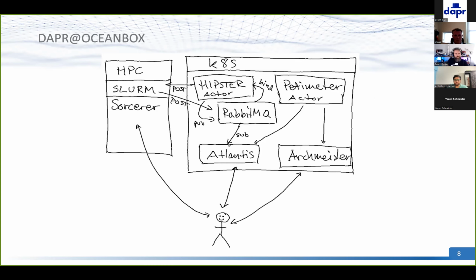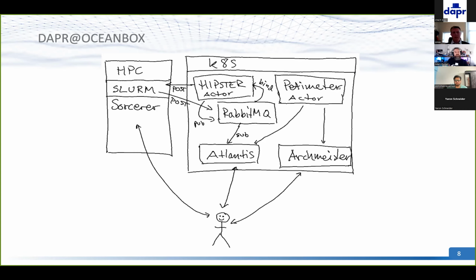That's the internal name for the web interface, and interact with that. Atlantis will forward it to a service called Archmaster, which contains all the available data archives, all the metadata for the archives. The client will then know what archives to access, and then it can fetch the data from the Sorcerer. And that's all pretty okay.